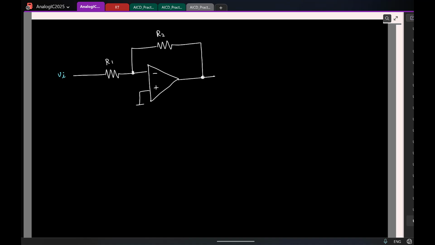Inverting amplifier. Great. Minus R2 by R1 times Vi. And of course, now we will not use an op amp, we have an OTA, but again, as long as the gain is really large, the output is still the same.